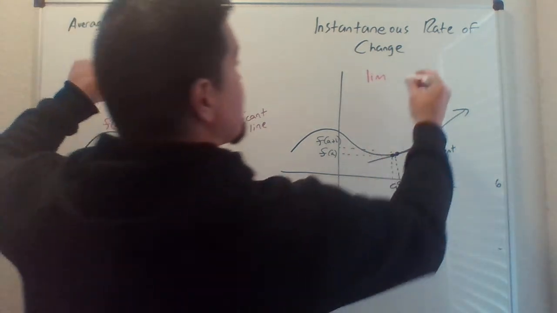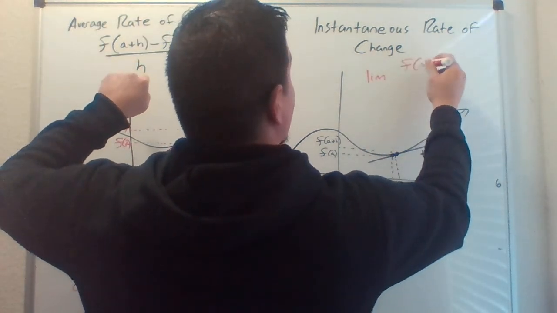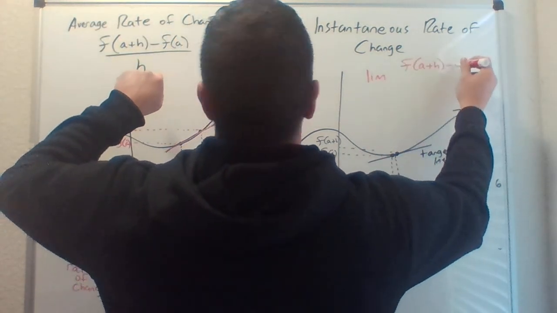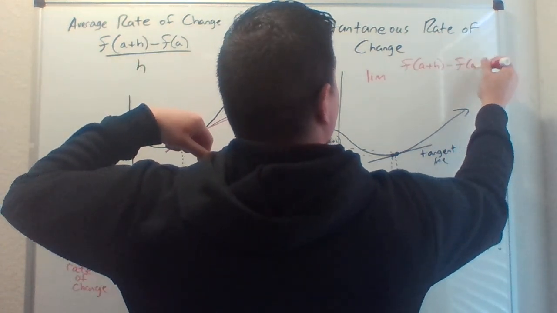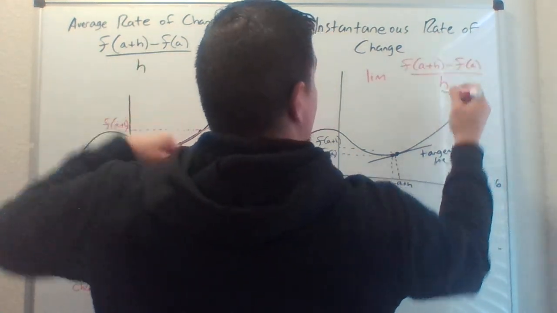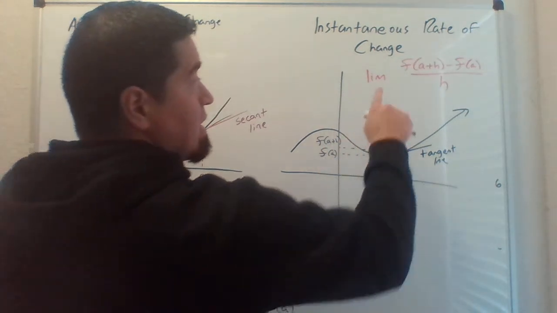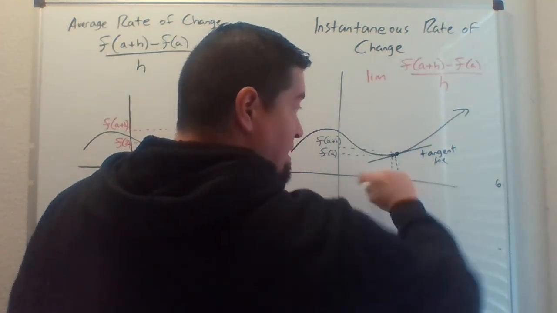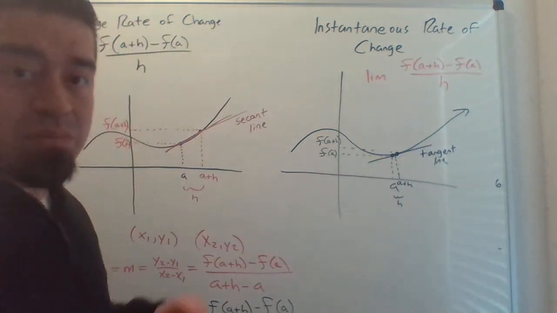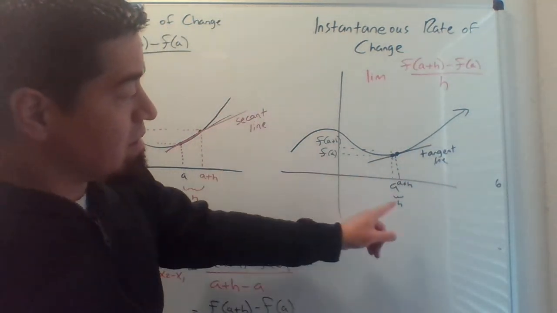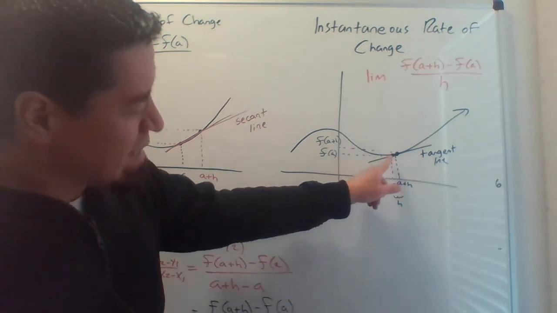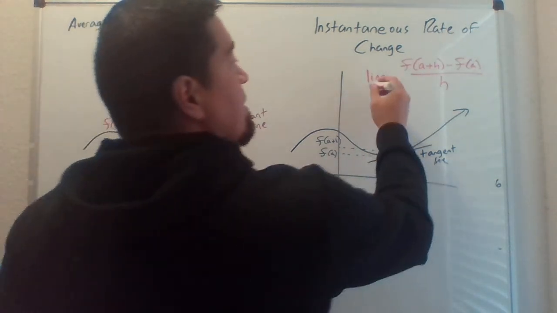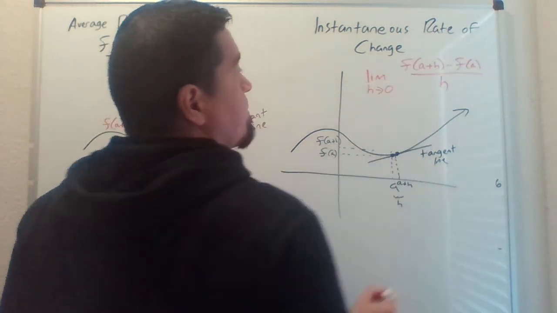So I'm going to take the same exact thing that we did with rate of change. The formula looks the same, other than now I'm going to throw a limit in there, because how do I get the best estimate of that slope of that tangent line? I have to get the limit as h goes to 0 if I want exactly that point A. So as h goes to 0.